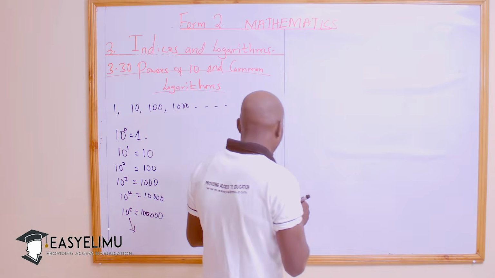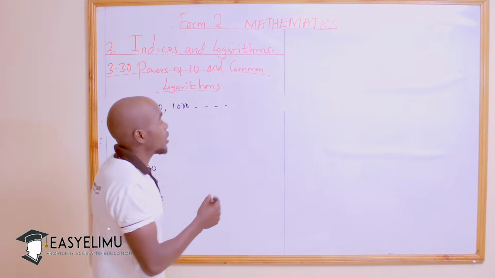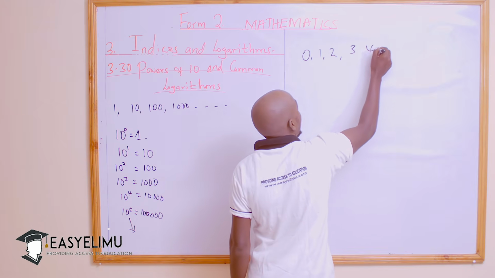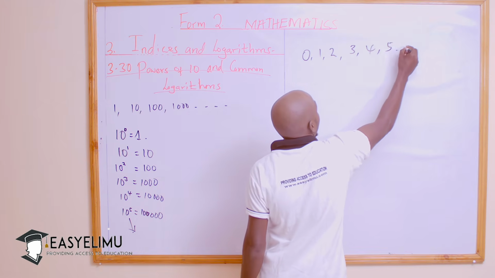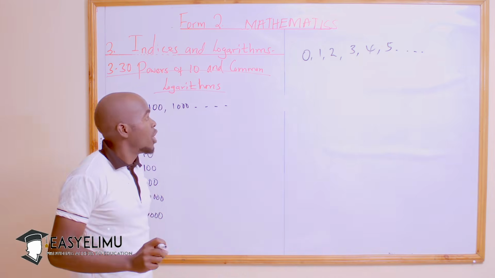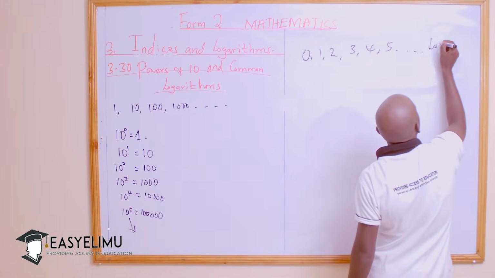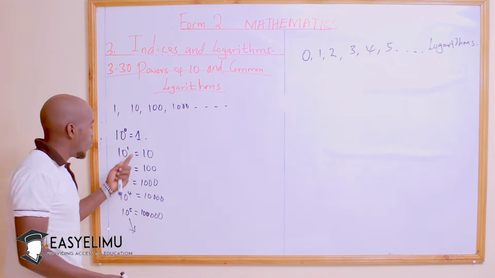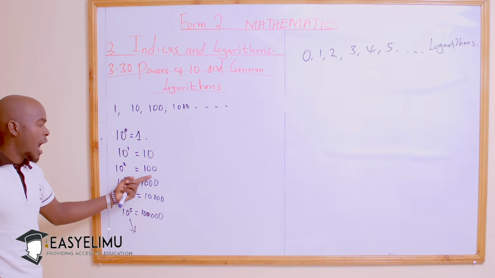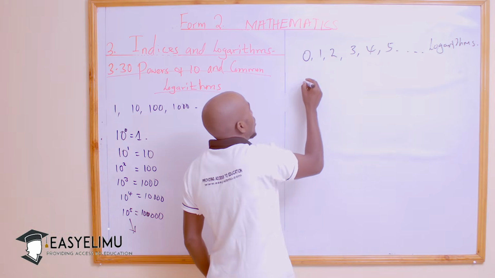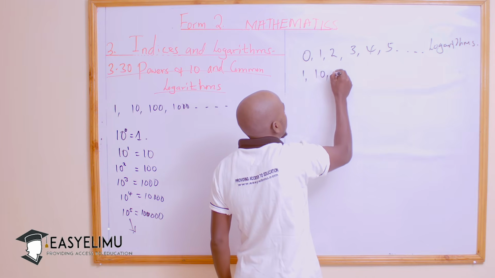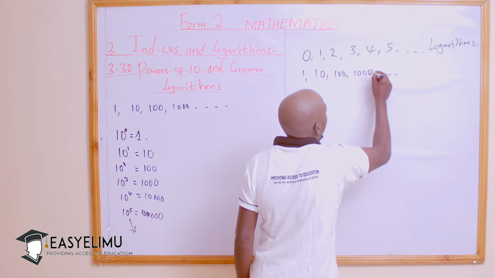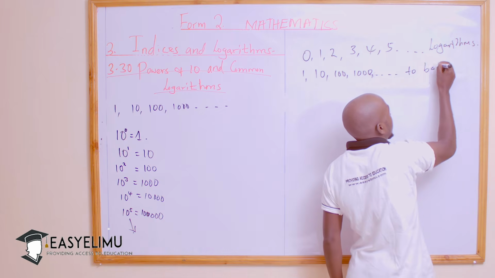Remember we said that 0, 1, 2, 3, 4, and even 5, and so on, if we could have continued, these are the logarithms. They are the logarithms of 1, 10, 100, 1,000, and so on to the base of 10.